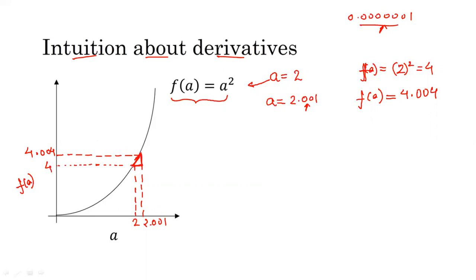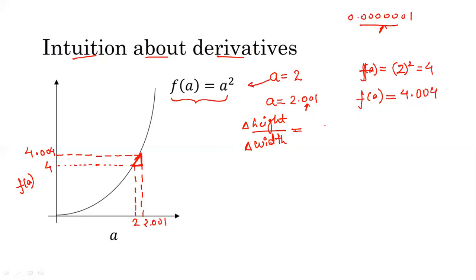Now we want to find the slope of this line, which will be the slope of the curve at point a equal to 2. In the previous video lecture we saw that the slope of this curve would be of the form height upon width. This is the change in height, or it can be represented as delta of height upon delta of width.